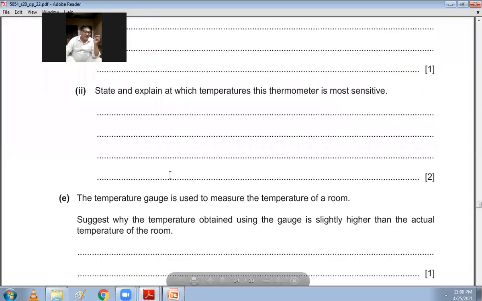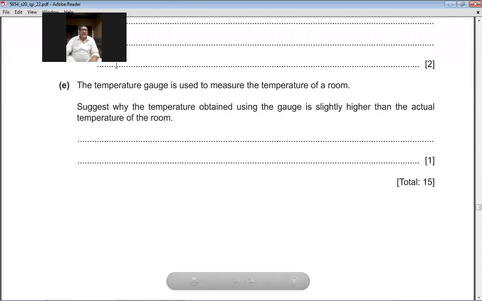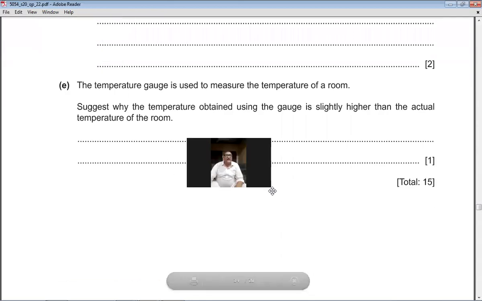The next question coming up on your screen is a 1-mark question. It says the temperature gauge is used to measure the temperature of our room. Suggest why the temperature obtained using the gauge is slightly higher than the actual temperature of the room. Okay, so the thermistor's resistance is changing with the change in the temperature of the surrounding.